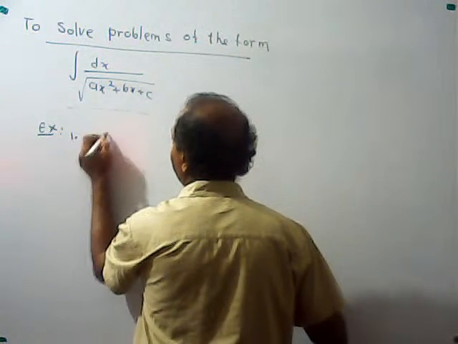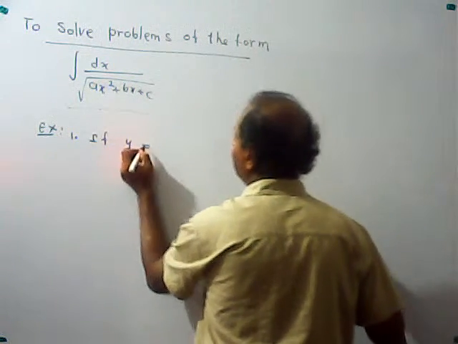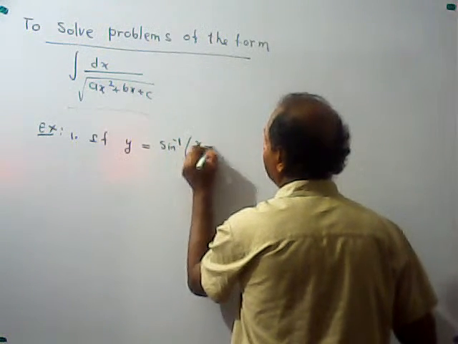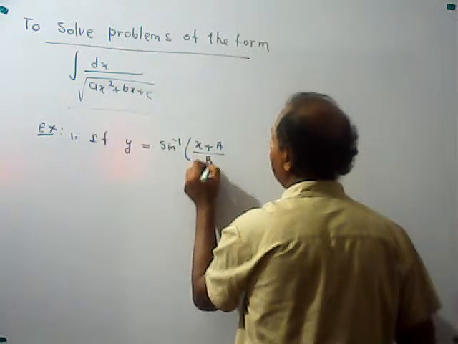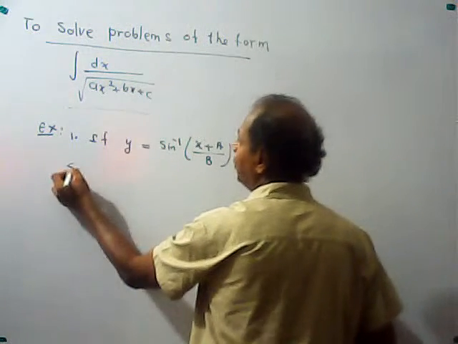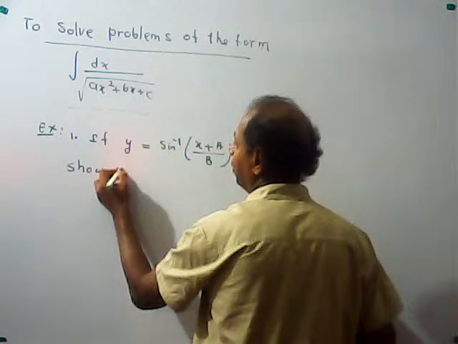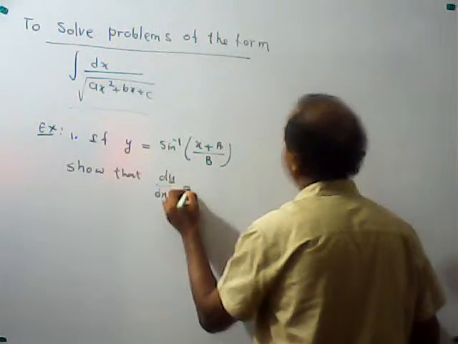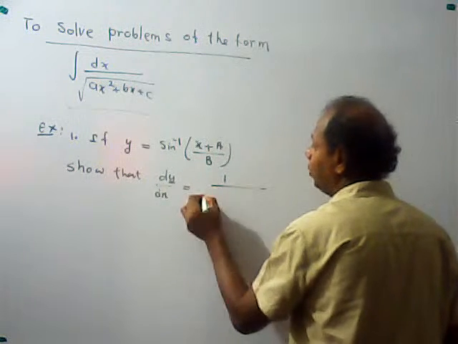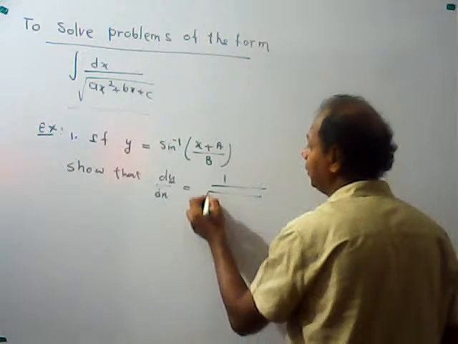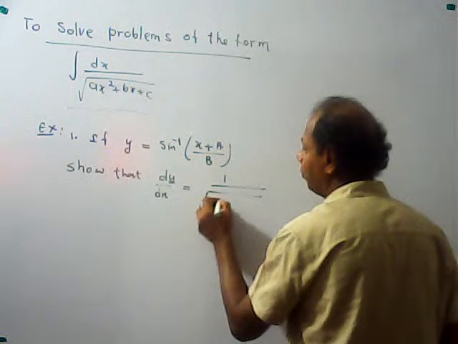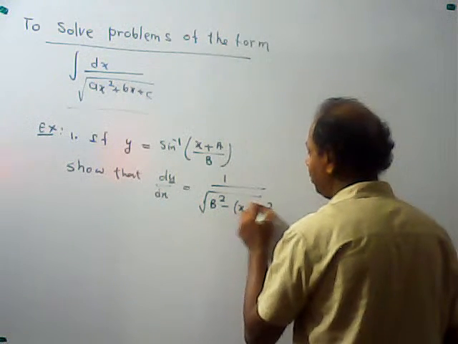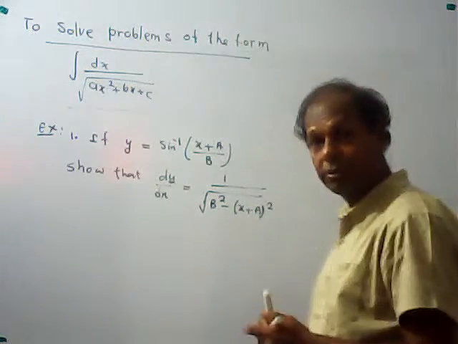Number 1, if y equals sine inverse of x plus a over b for some constants a and b, show that dy by dx takes the form 1 over the square root of b squared minus x plus a squared. That's question number 1. There's another.